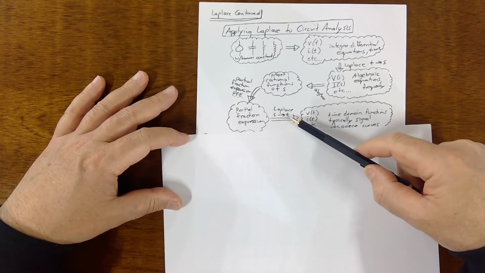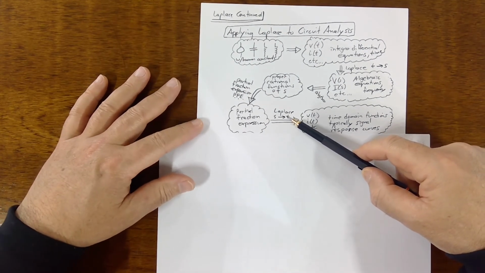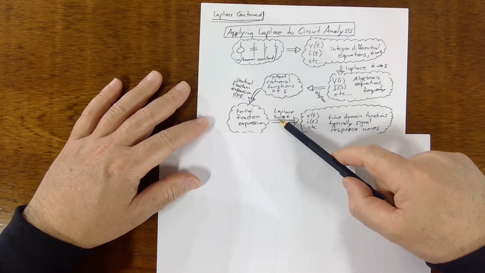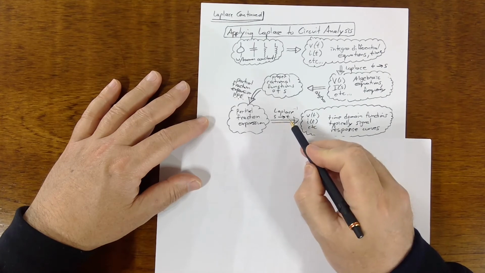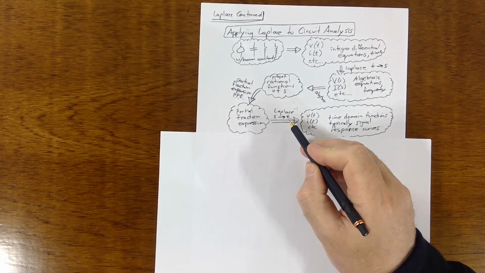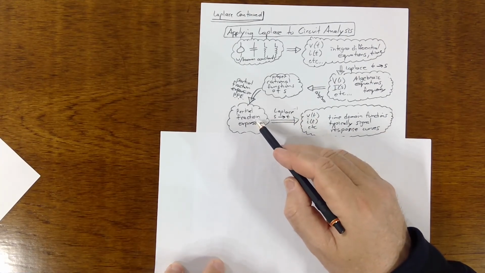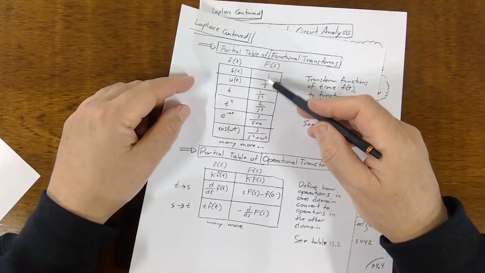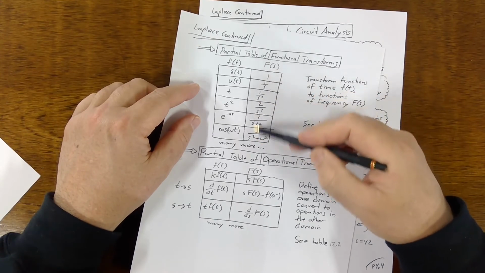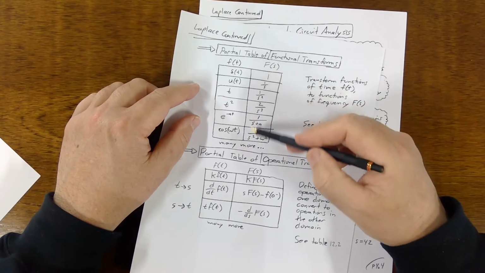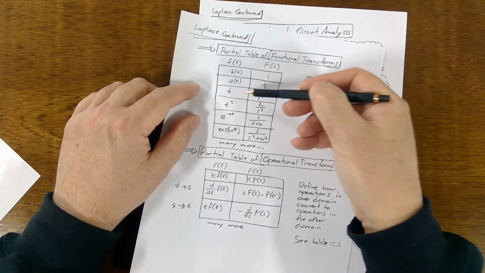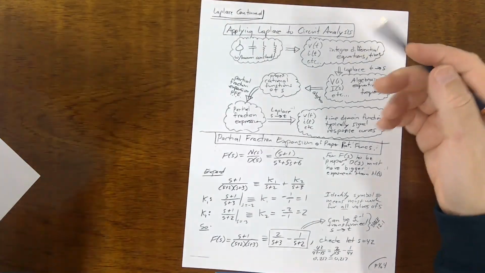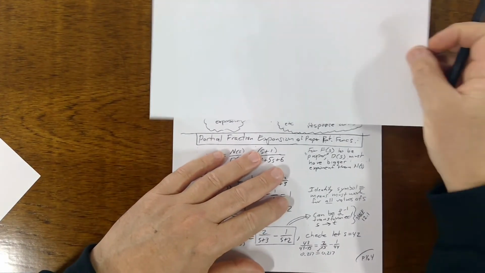And those, you can inverse the Laplace, from the frequency domain back to the time domain. That's why we need to do a partial fraction expansion, because we need expressions that look like this. Because if they look like this, we can go back from the frequency domain to the time domain. All right? That's what we're going to do.